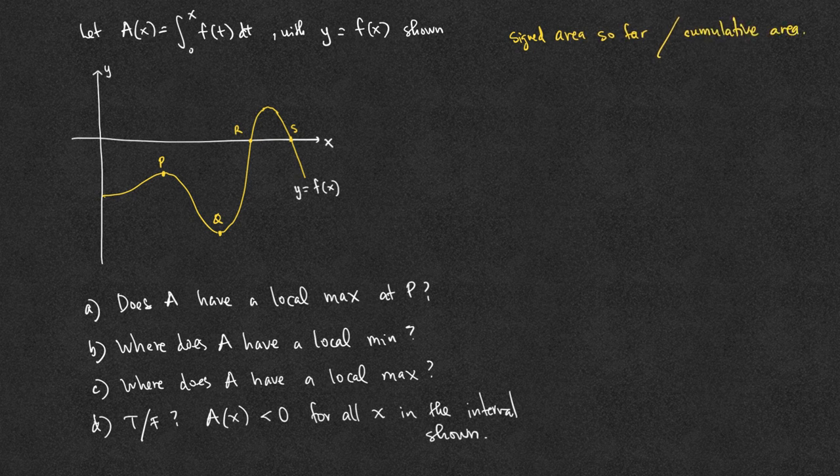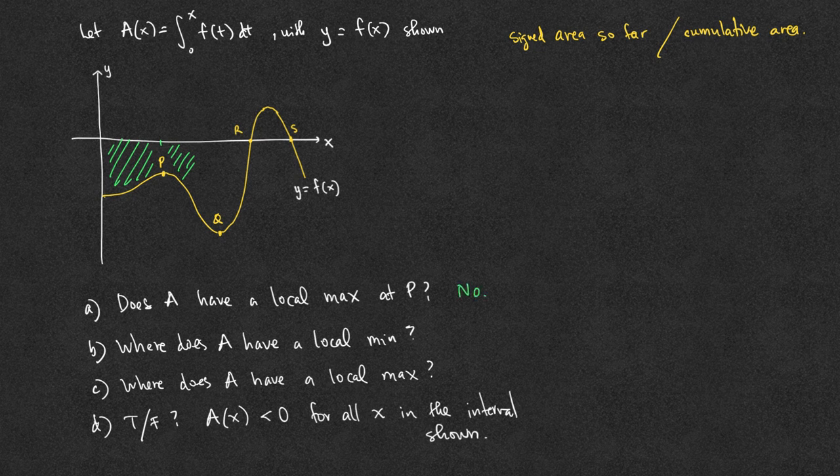Up to this point P, the function A of x is negative because the curve is below the x-axis. And after it crosses P, we would end up with more negative. And so A does not reach its peak at P, and the answer is no.